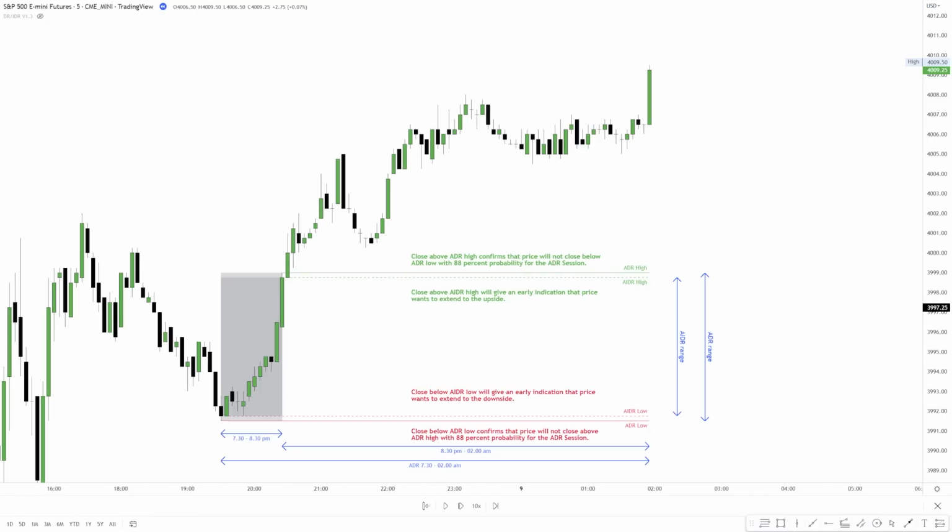Close above ADR high confirms that price will not close below ADR low with 88% probability for the ADR session and vice versa. Close above the AIDR high will give an early indication that price wants to extend to the upside and the other way around. Finally, let's add the open and the close of the ADR, and we have all important levels.